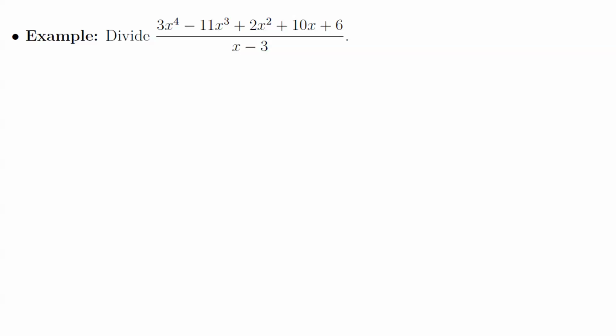And then the second one, what makes it challenging is that it's just so darn long. But the good thing is it doesn't have any missing terms. So when I go to put it in the long division notation, no placeholders are necessary.